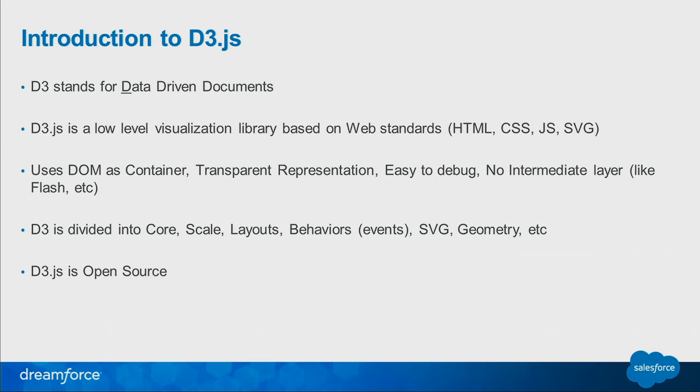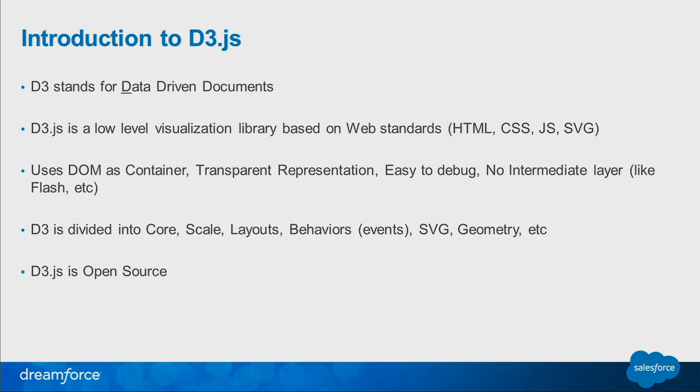And as I mentioned, DOM is the container, and anything you do in the DOM you can easily debug with your traditional tools like Firebug or Chrome development tools. So that's nice and handy, and it's a transparent representation. You see what you code, and there is no intermediate layer, so your mental model is well aligned with what you see in the browser.